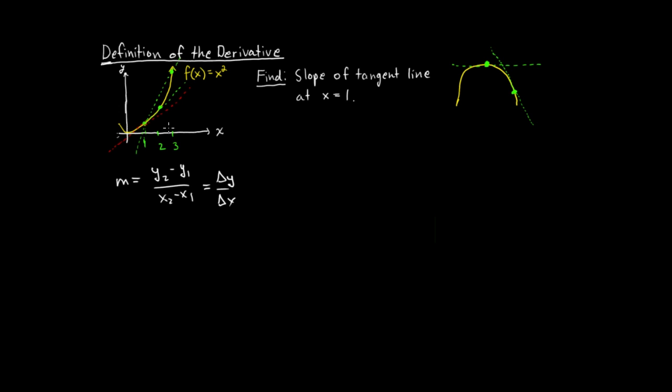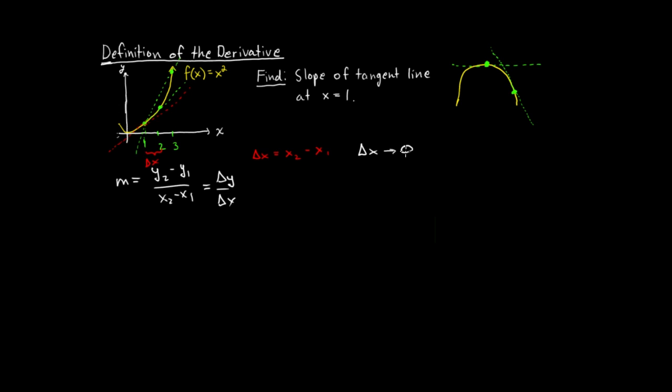Now what's important here is this. If we define this value as delta x, and we go over here and define it more specifically as x of the second point minus x of the first point, we can say that we want delta x to be as small as possible in order to get the slope of the tangent line. Now that should be a big hint as to what our limit's going to look like, because we want delta x to approach 0.